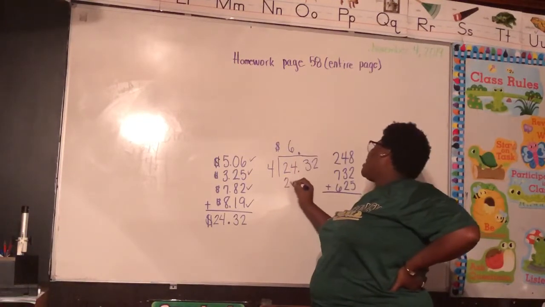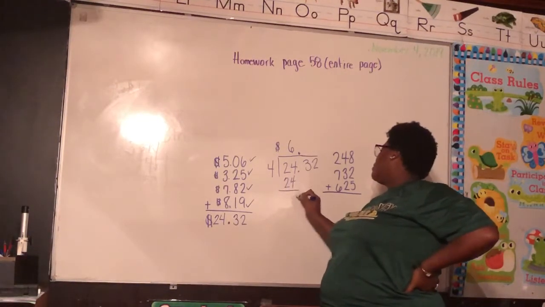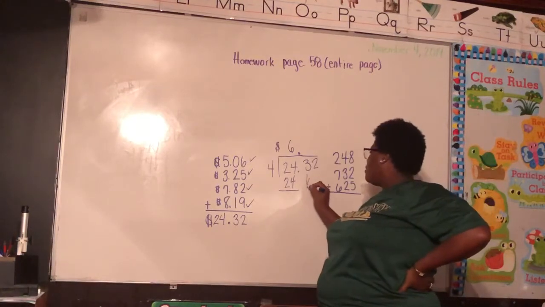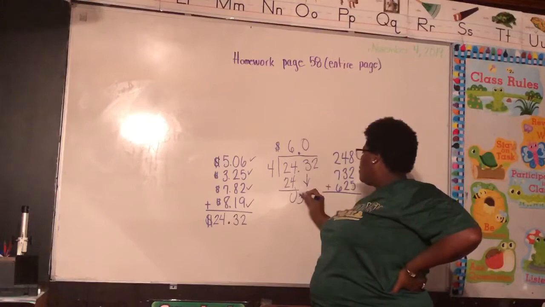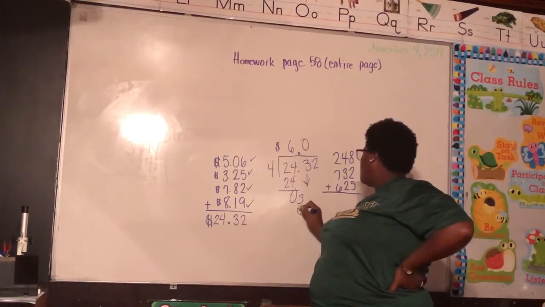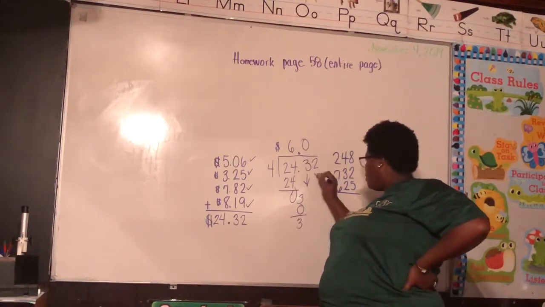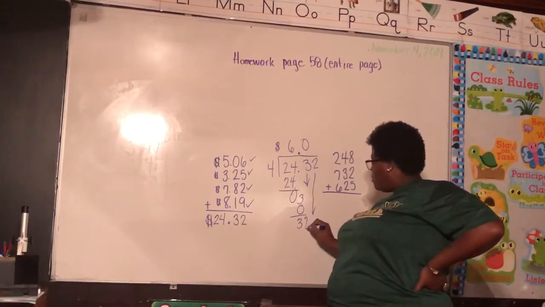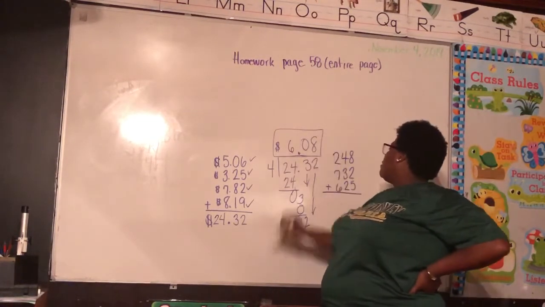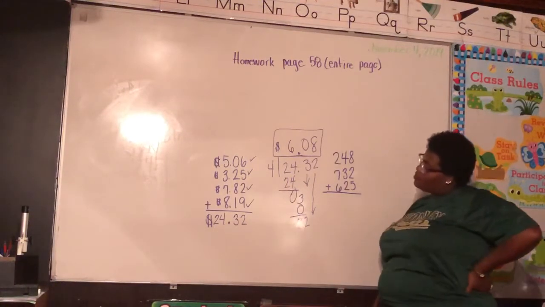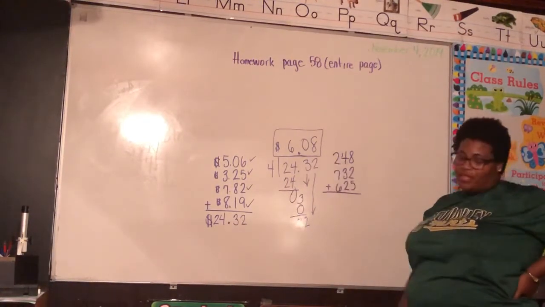I'm dividing now. My answer is $6.08. That's your average.